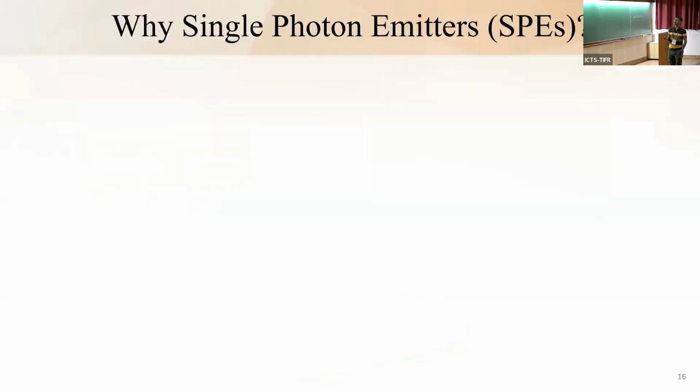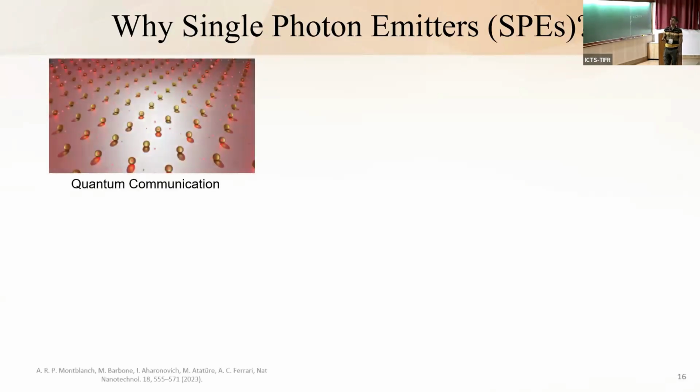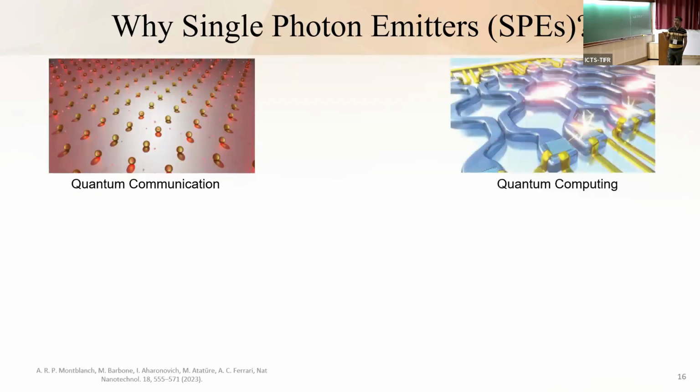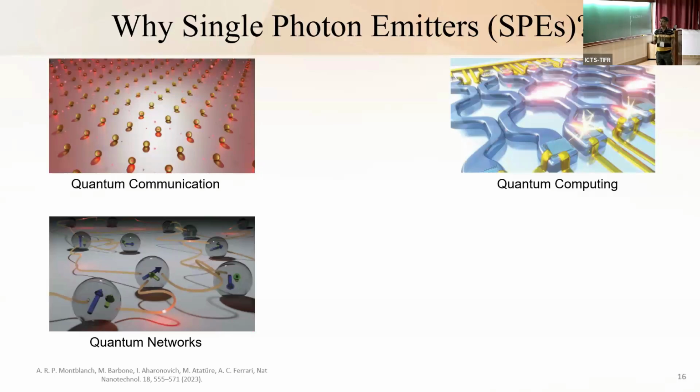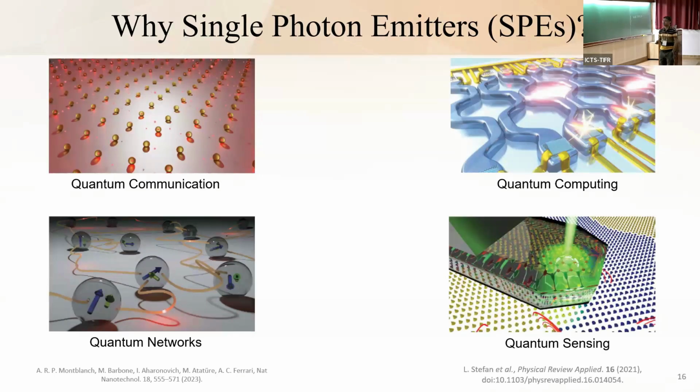As you may be well aware, single photon emission is very important as far as quantum technology is concerned, and it is useful in many applications like quantum communication, quantum computing, quantum networks like QKD networks, and quantum sensing.